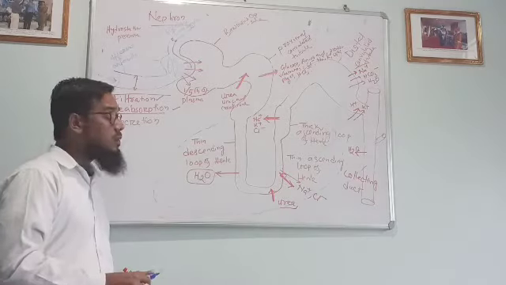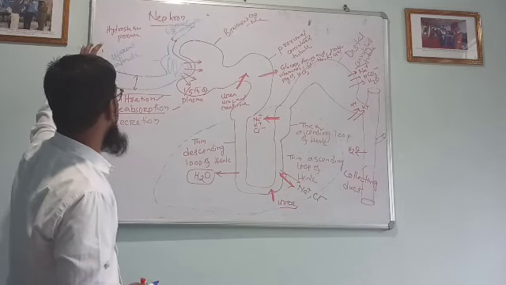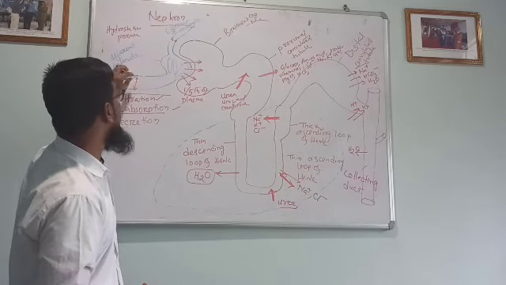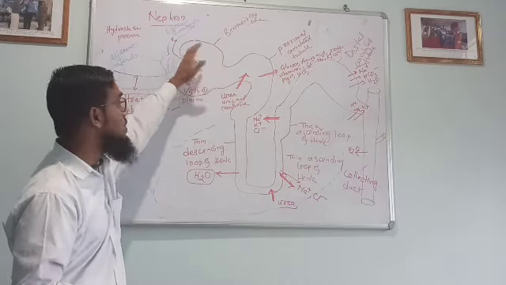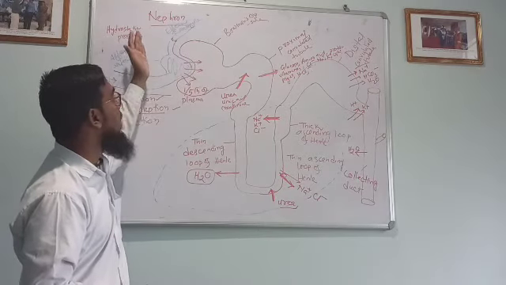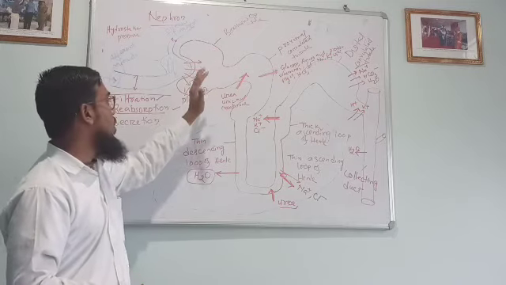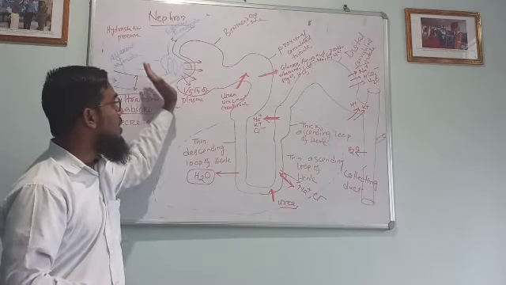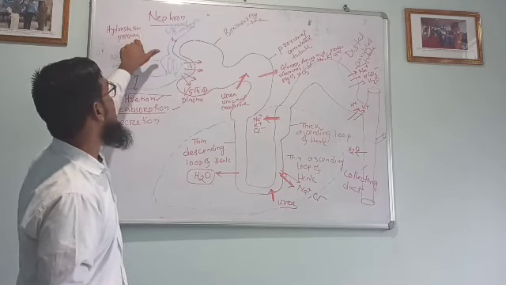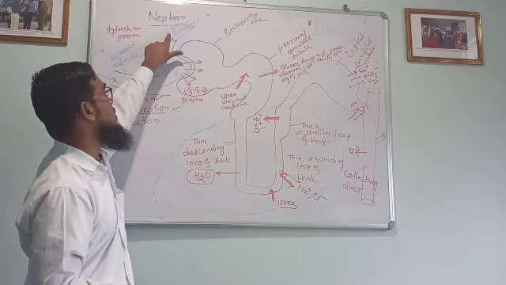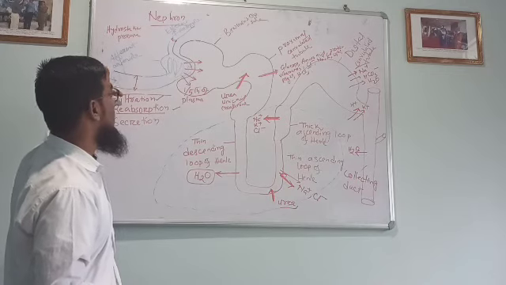So we are revising it again. Through the afferent arterioles, blood enters the Bowman capsule where glomerular filtration takes place. About one-fifth of the plasma is filtered each time due to the hydrostatic pressure difference between the afferent and efferent arterioles.